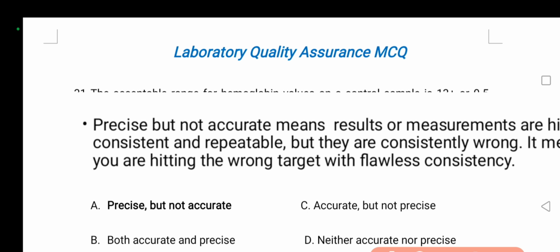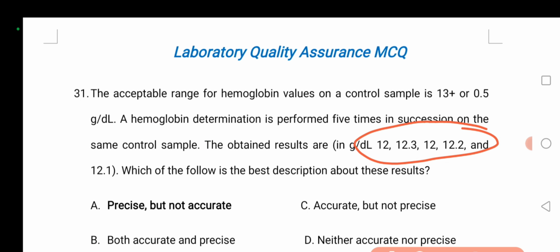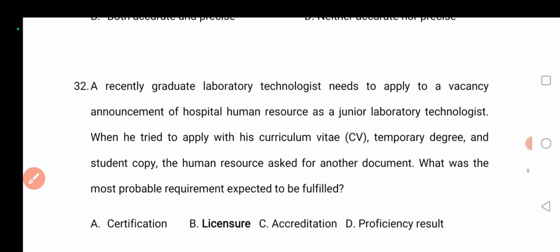They are not accurate. The correct result we get from the control sample. So they are not accurate, but they are close to each other, which means they are precise but not accurate. So the correct answer is A, precise, not accurate.